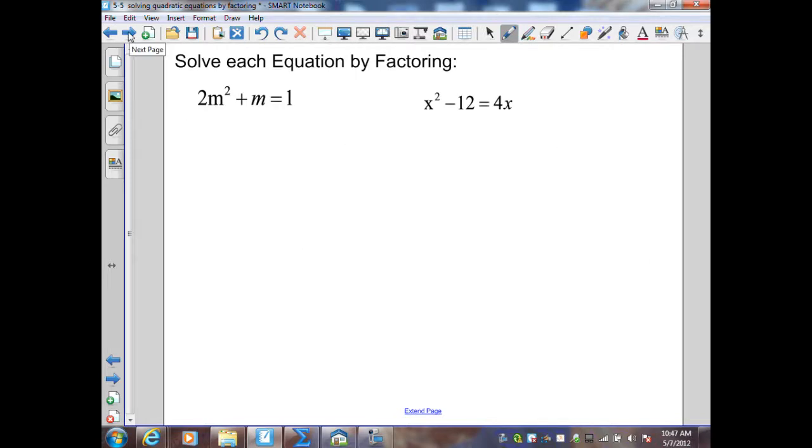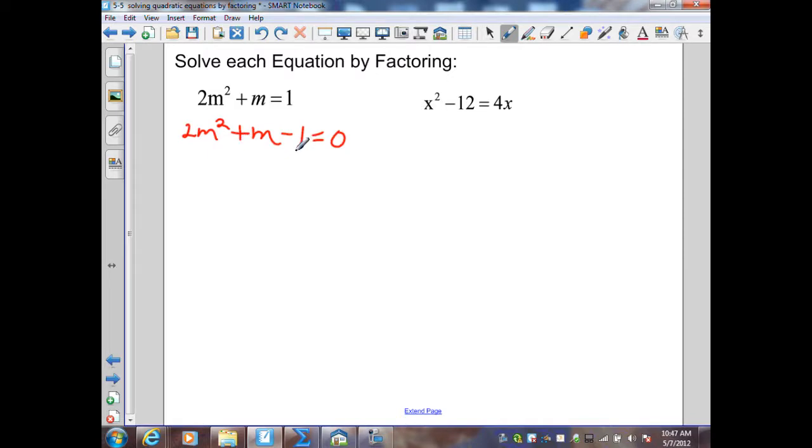Here I want to solve each equation by factoring. So what I want to do is use the standard form of a quadratic equation by setting this to 0. 2m squared plus m, subtract 1 on both sides, equals 0. First, I want to factor completely, so I'll check for a GCF.